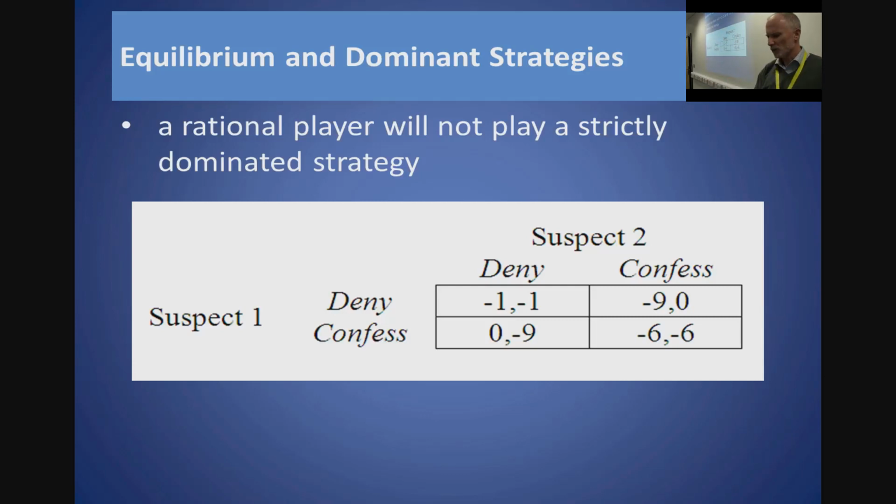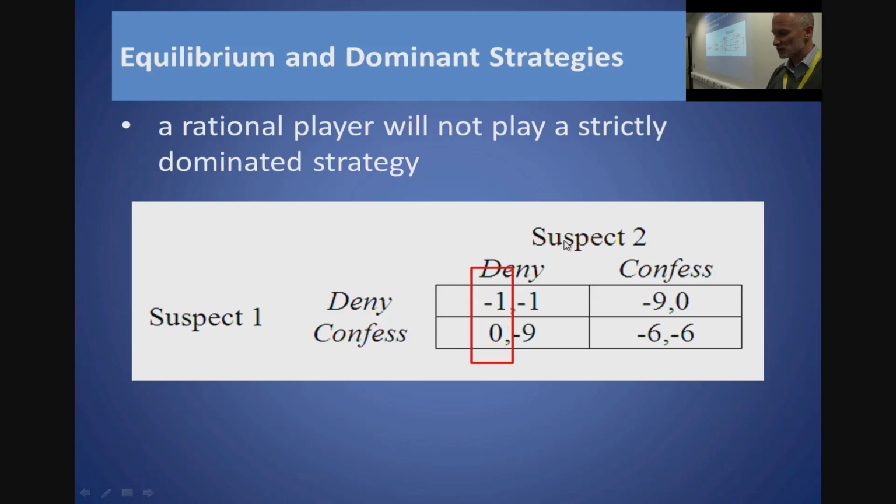So what is it? Well, let's think about suspect 1. Suspect 1 knows whatever he does will be dictated by what his fellow player, suspect 2, does. So for example, if suspect 2 was going to deny, suspect 1 would say, well, if I also deny, I'm going to spend 1 month in prison.